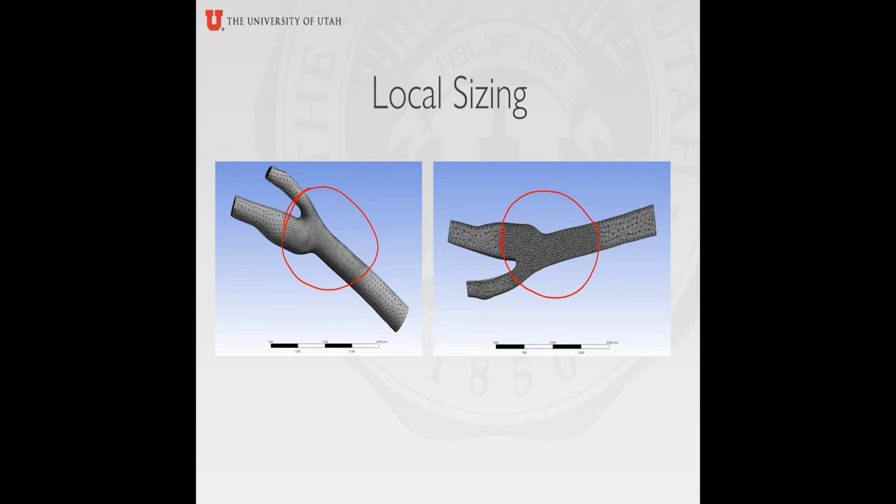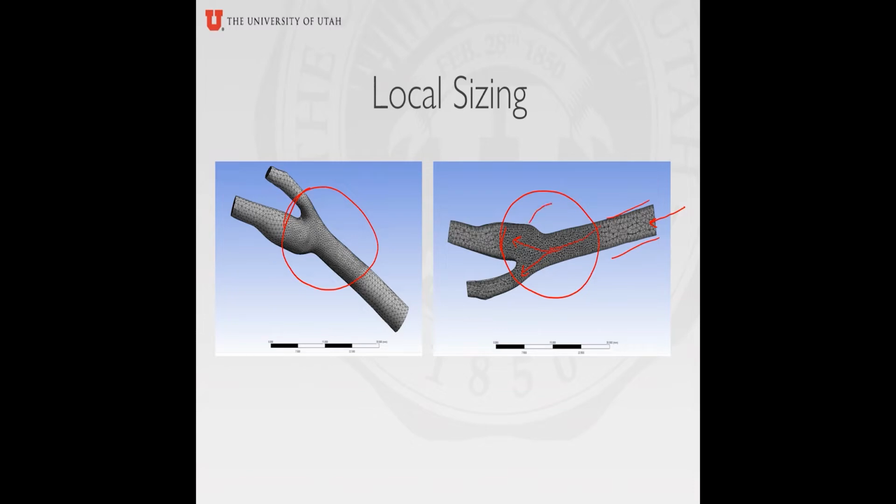Because as blood flows in, because these walls are relatively straight, we'll have a pretty good idea of what that blood flow is going to look like. But as soon as it gets into this region in here, where it's going to split off, we don't know for certain what this blood flow is going to look like as it moves through this region.